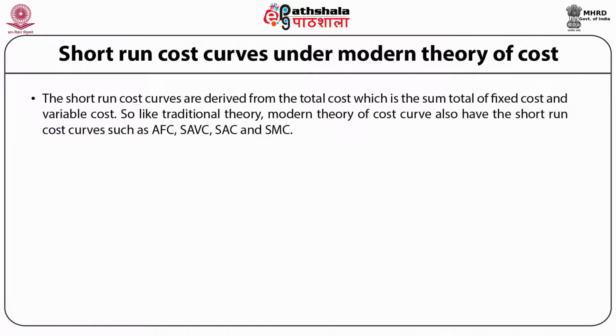The short run cost curves are derived from the total cost, which is the sum total of fixed cost and variable cost. So, like traditional theory, modern theory of cost curves also has the short run cost curves such as AFC, SAVC, SAC and SMC.